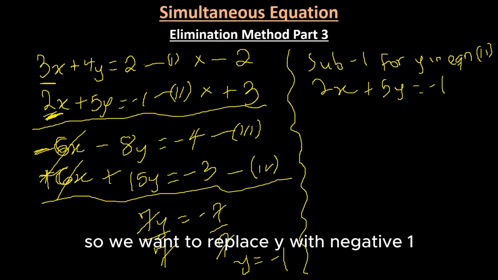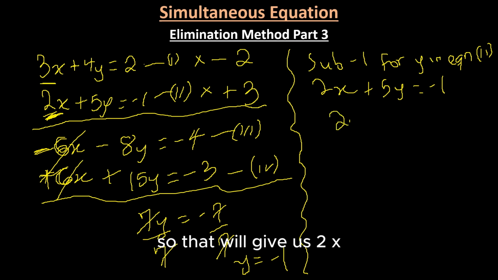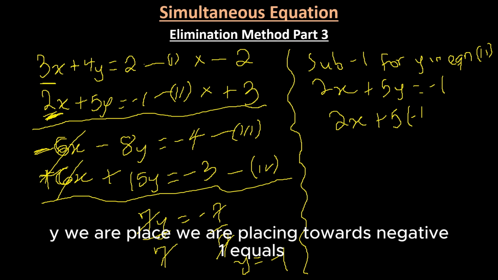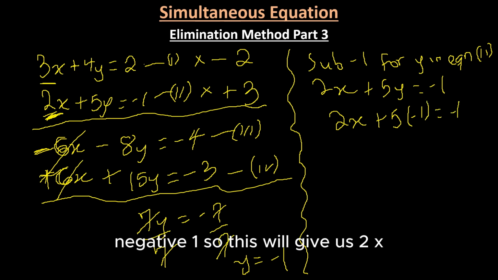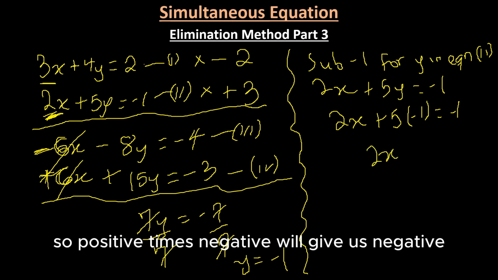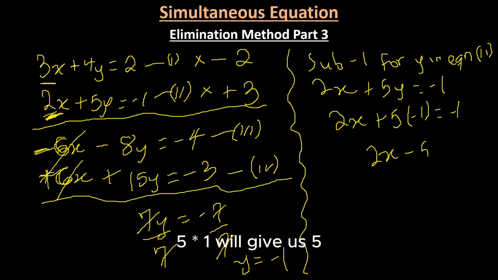So we want to replace y with -1. That will give us 2x plus 5, and instead of y, we are replacing it with -1, equal to -1. So this will give us 2x. Positive times negative will give us negative. 5 times 1 will give us 5, equals -1.